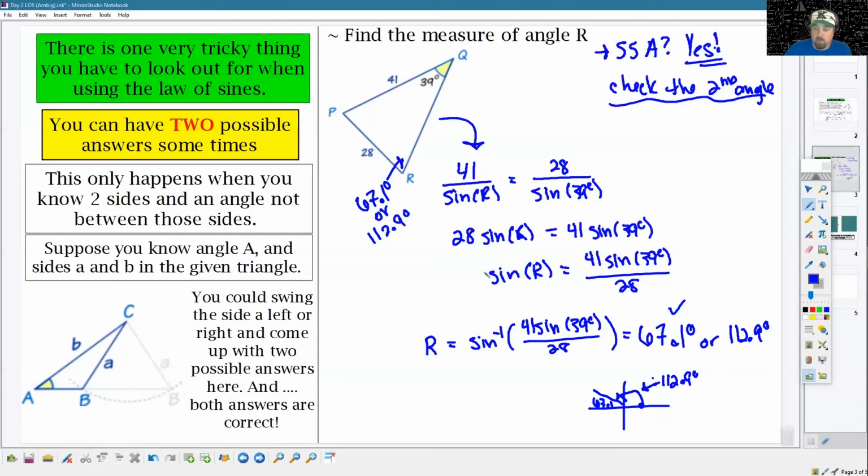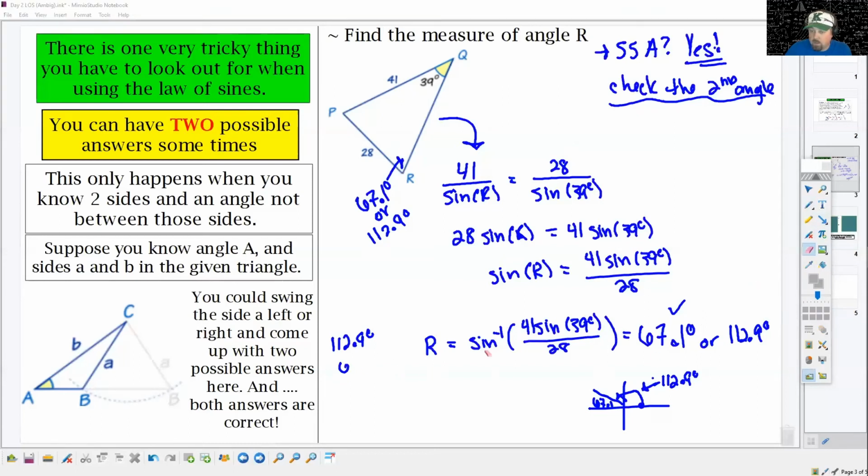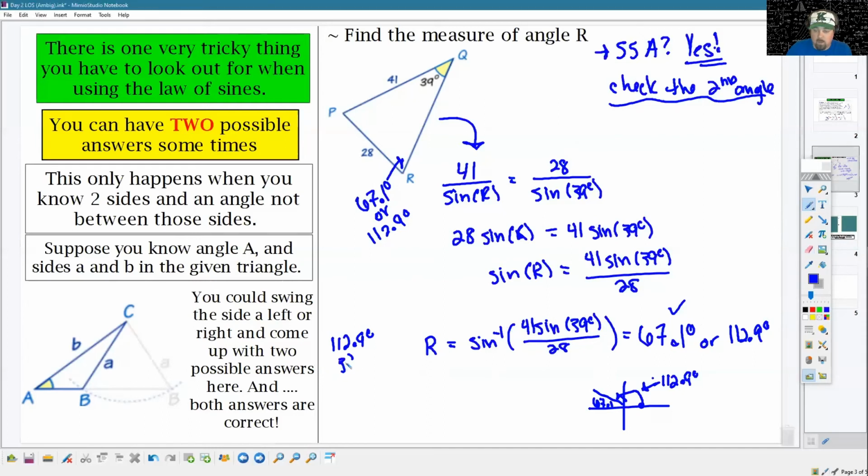Now the way that we determine if this works, we say, well, 112.9 degrees plus 39. And we need to know, is that less than 180? Because we need to know if we have enough room left over for the last angle. So 112.9 plus 39 is 151.9 degrees.